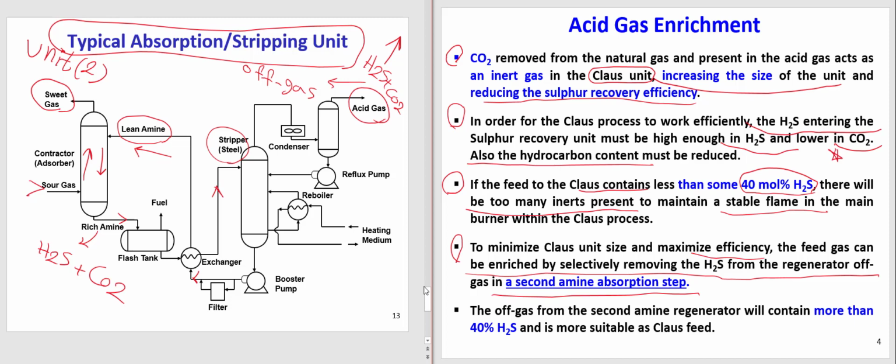But in that process, we will use another type of amine, another type of solvent, that separates H2S from CO2. The solvent that we have here separates both H2S and CO2 from natural gas, and it gives us a sweet natural gas. But in acid gas enrichment, we use exactly the same process, but with another type of solvent that will separate CO2 from H2S.